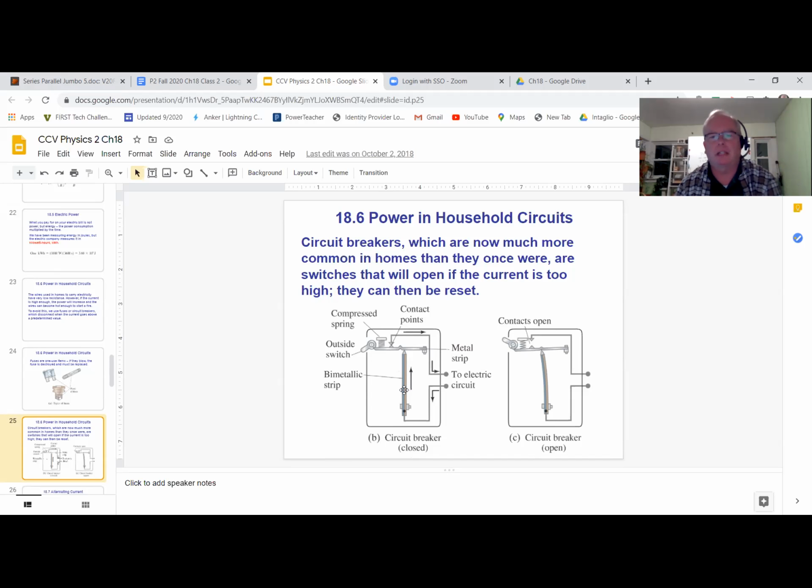But if you have two different kinds of metals, one side expands more than the other. And so it winds up starting to bend. And if it bends enough and winds up in this little notch that's there, then that is going to open this gap and it's going to shut off the current flow.